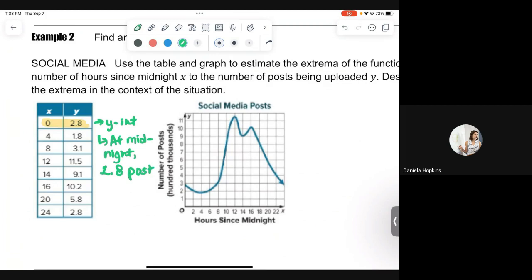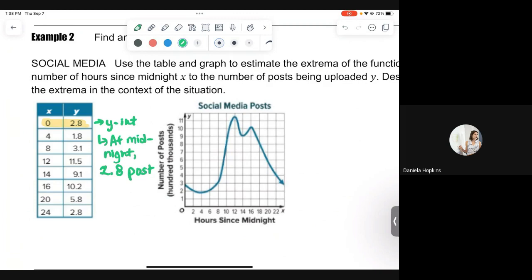But if you look at our y-axis, it's number of posts, and what's the unit there? Hundreds of thousands, right? So there's not 2.8 posts. There's 2,800,000 posts. But I don't want to write that out.